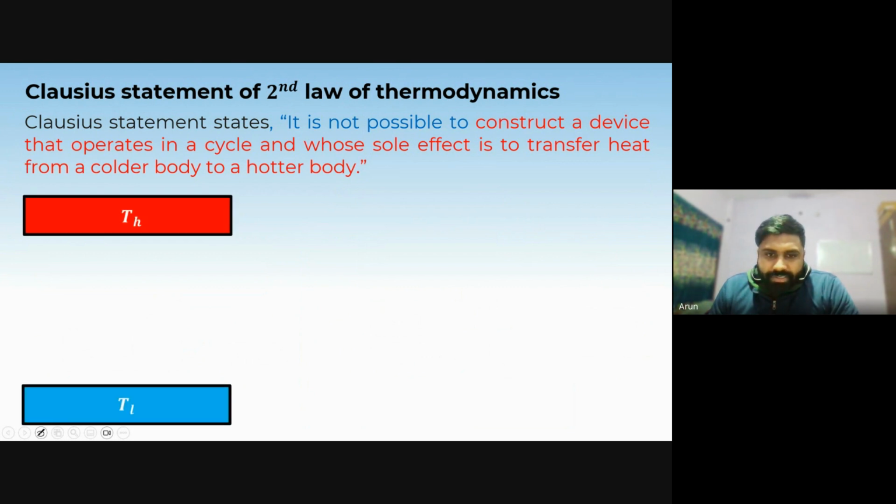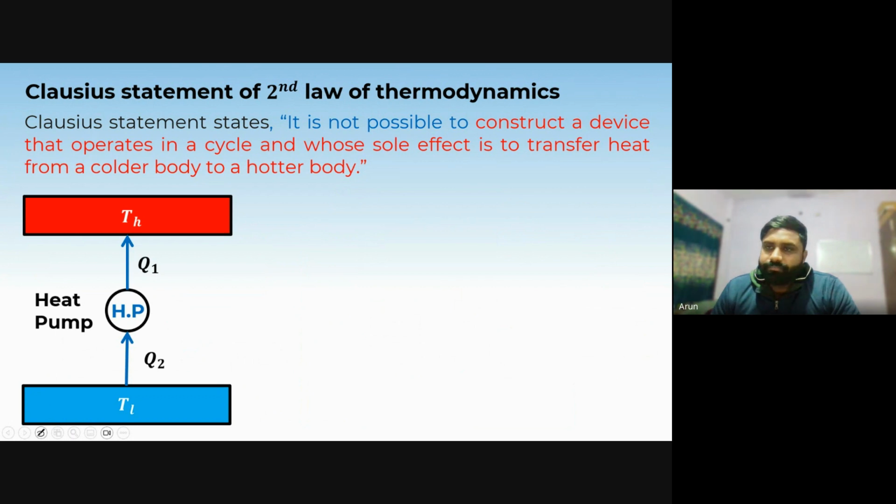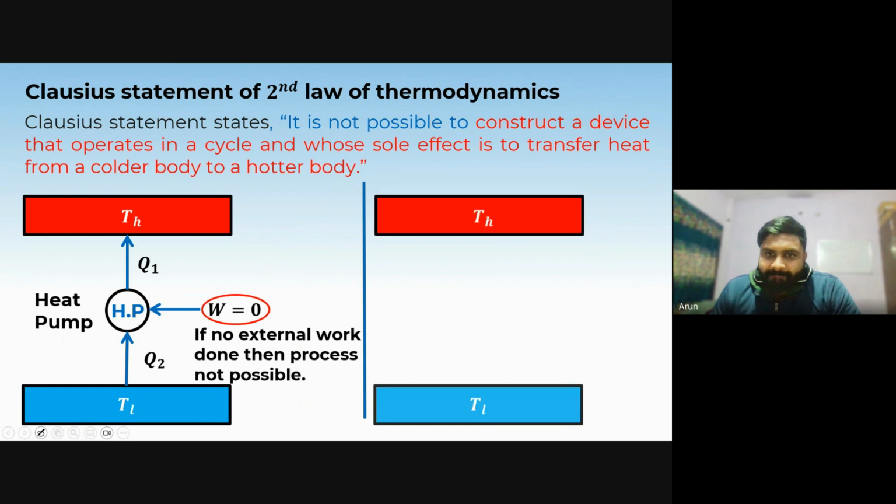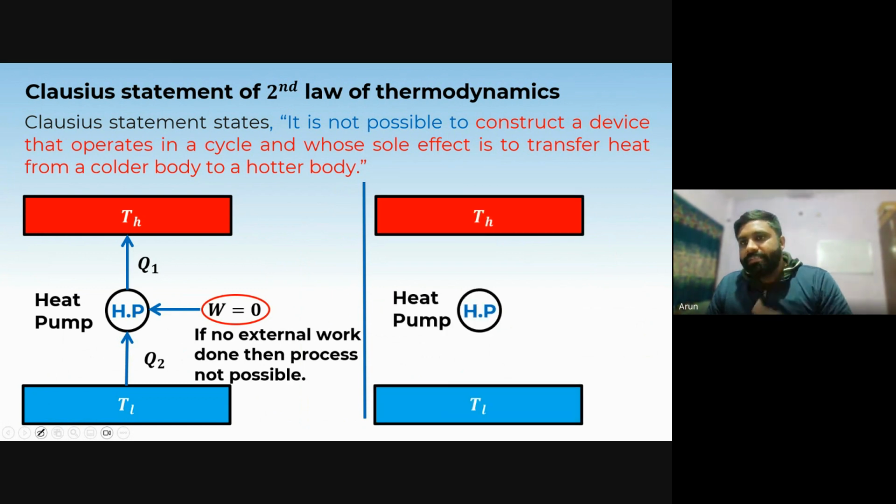So this is hotter temperature, this is lower temperature. We have this heat pump which is pumping heat from colder temperature to hotter temperature. Okay, so it is not possible. Can we develop these types of device?